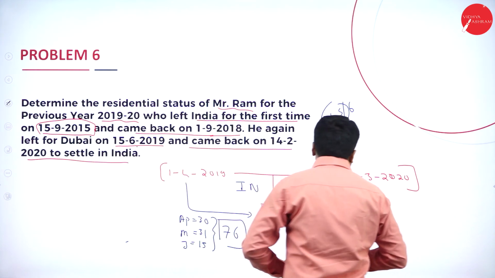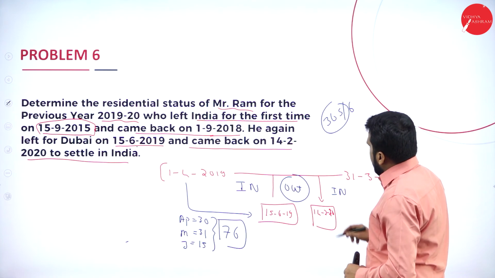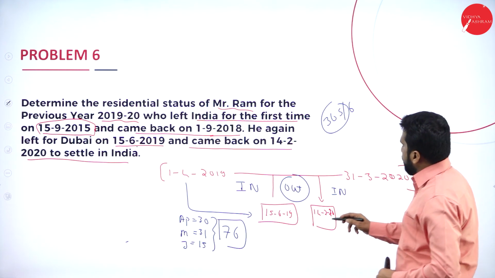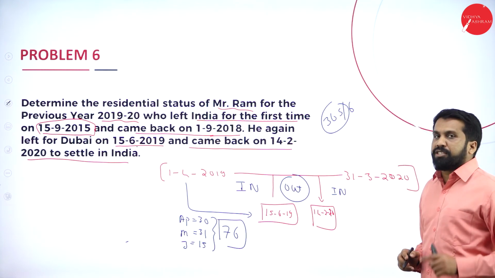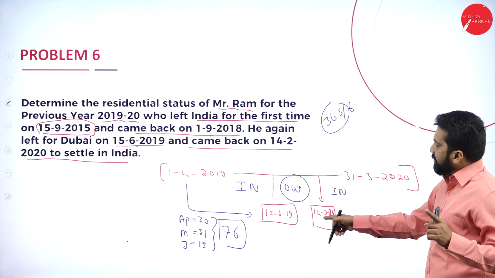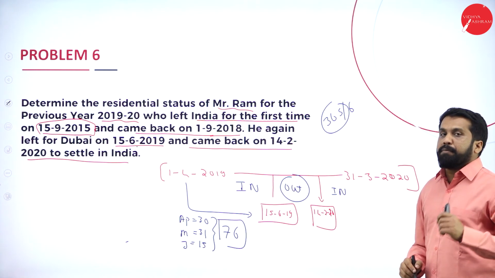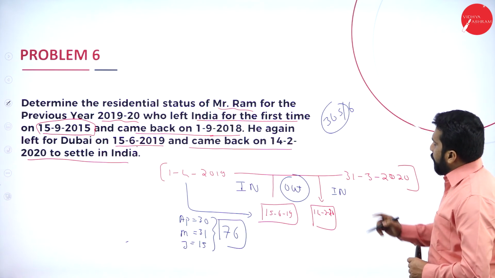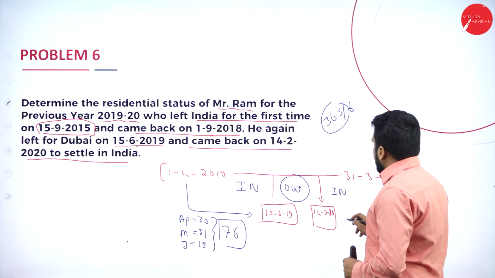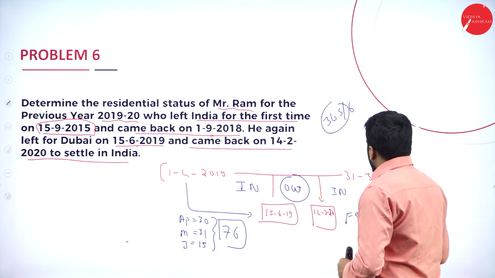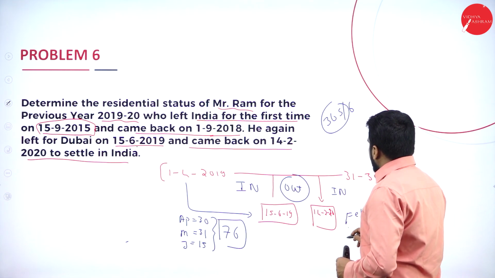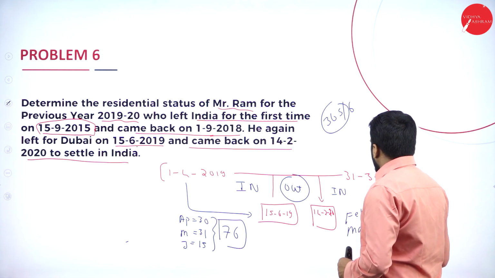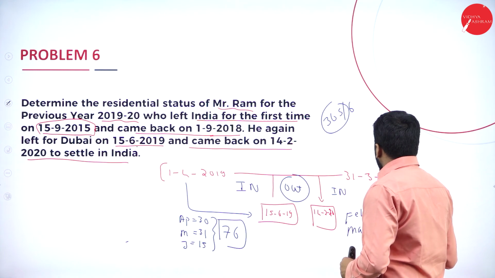Then, again from 14th February he came till 31st March. How many days? We will consider 14th February also. Very simple. In the month of February, 16 days. In the month of March, it is 31.